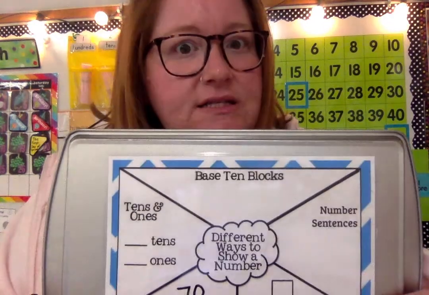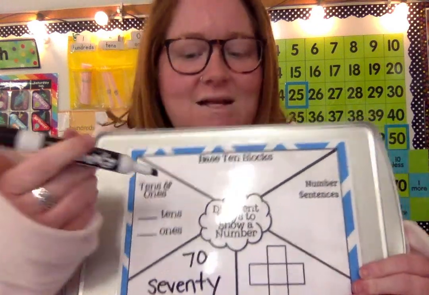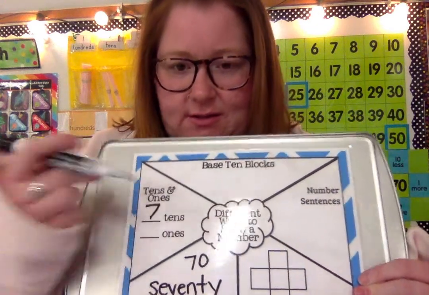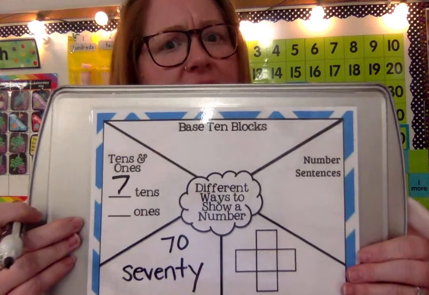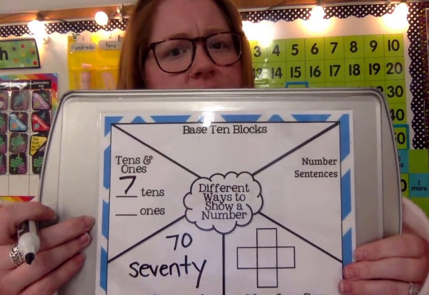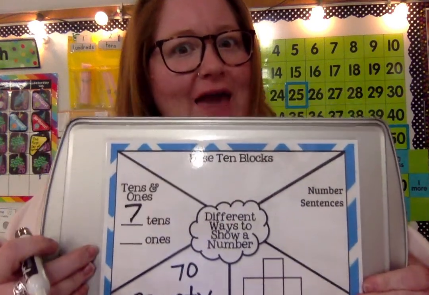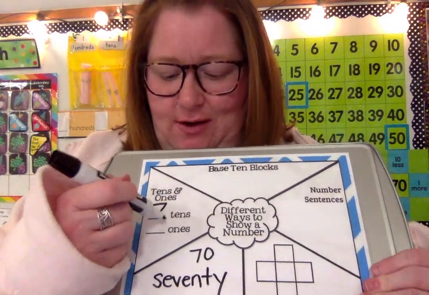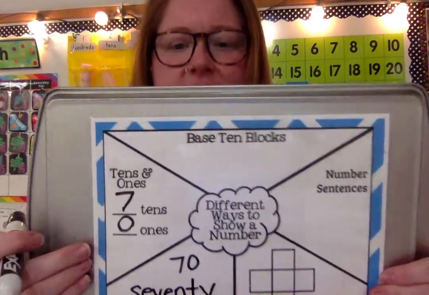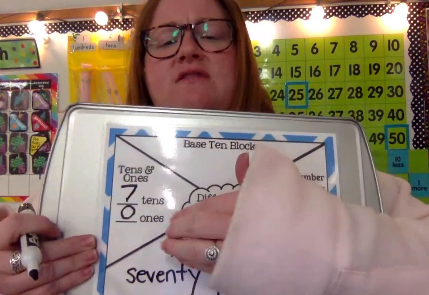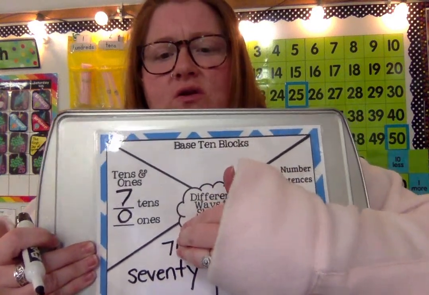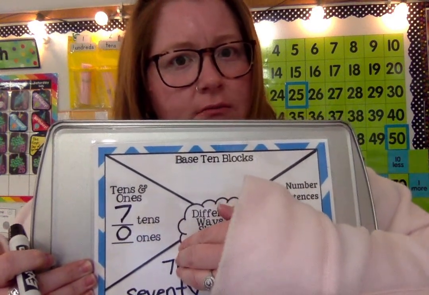So how many tens in 70? 7 big ones. 7 tens. What about the ones? I gave it away. I said it's 0. There are 0 ones, right? What if I left the 0 off of this number? Would it still show 70?